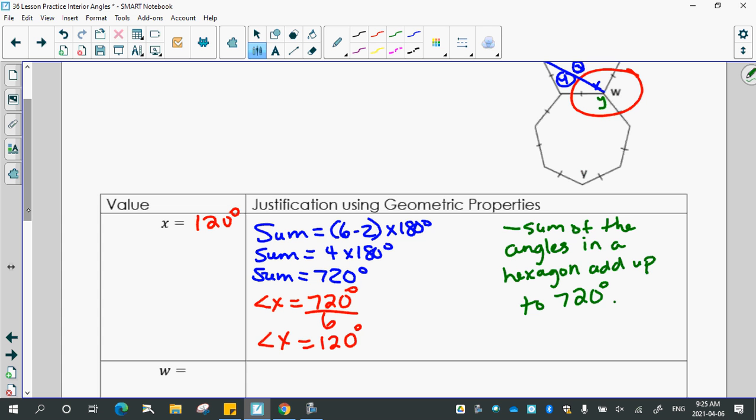And then for y, some people were making triangles again, which was great. And some people were using the formula. So they saw 5 triangles, or 7 sides into the formula, one or the other.